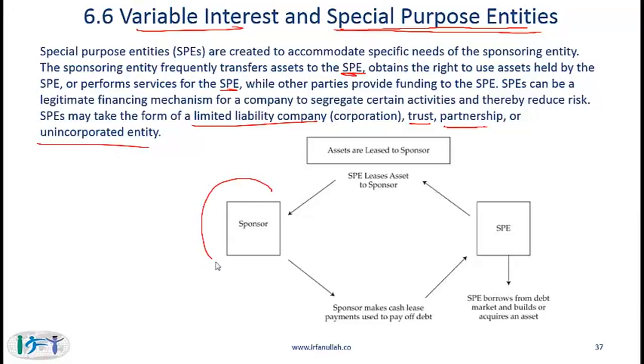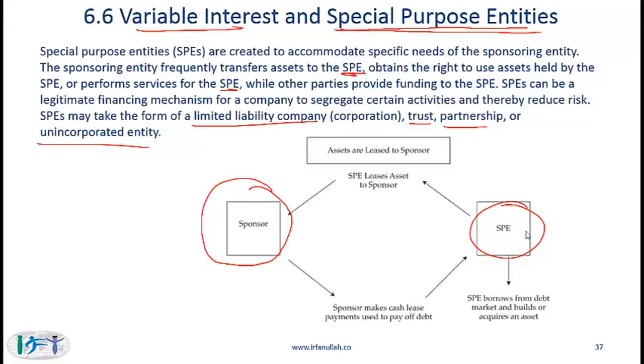Here is a simple example of the creation of an SPE. Let's say we have a company which is called the sponsor company. The SPE is created by the sponsor. And let's say that the sponsor needs to buy a very expensive asset.